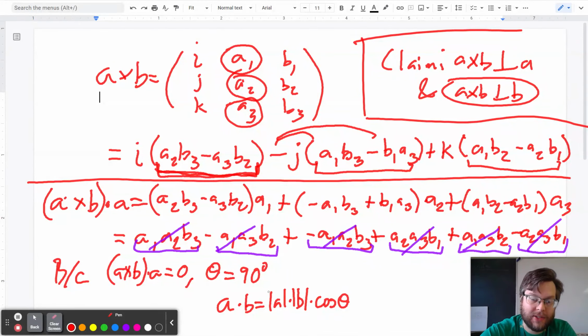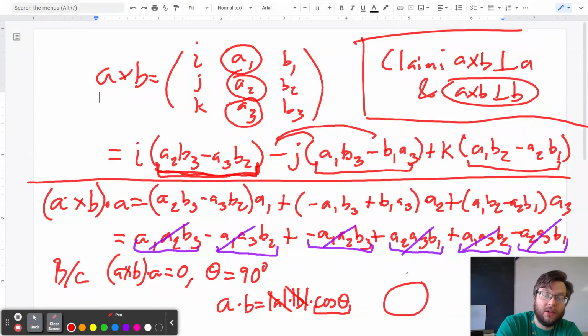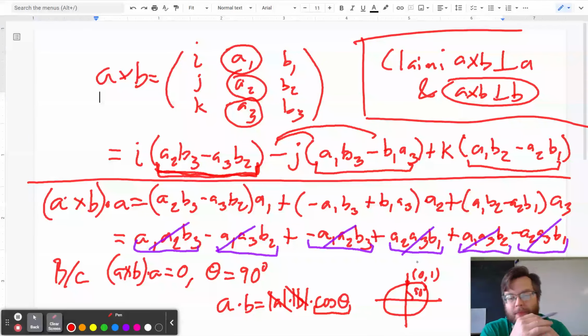Therefore, this is not 0, this is not 0. So the only option then is that cosine of theta has to equal 0. If cosine of theta equals 0, remember back on our unit circle, you're sitting up here. That's a 90-degree angle right there. Or you could say pi over 2 if you're more of a radian person.